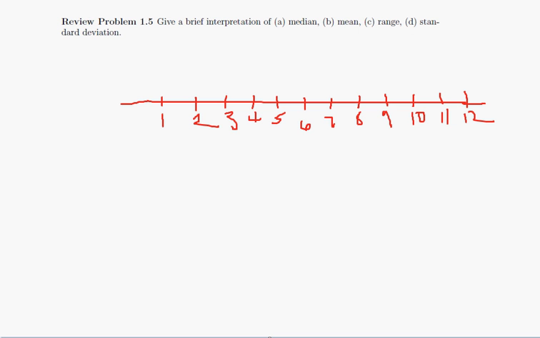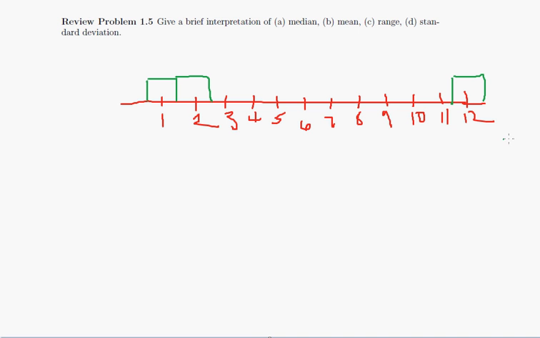Okay, so suppose I have 3 entries in the list. So 1, 2, and 12. The median of 1, 2, and 12 is 2. That's the middle number. The mean is not going to be 2.